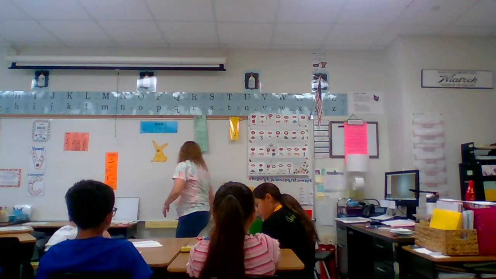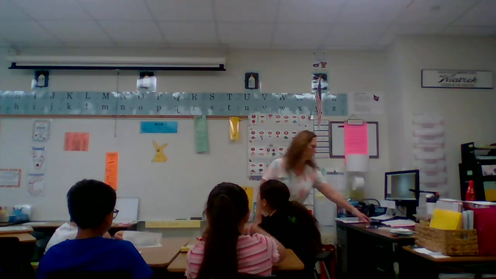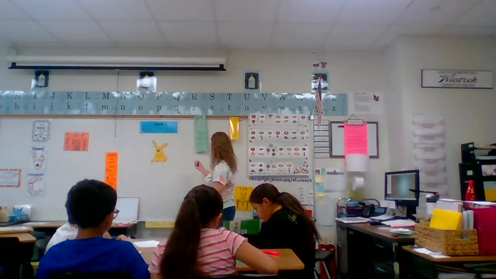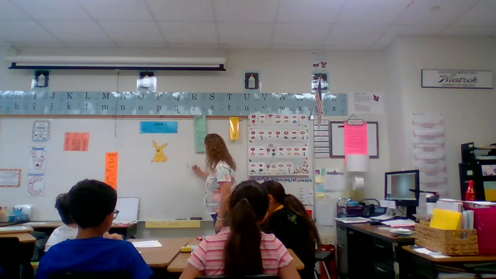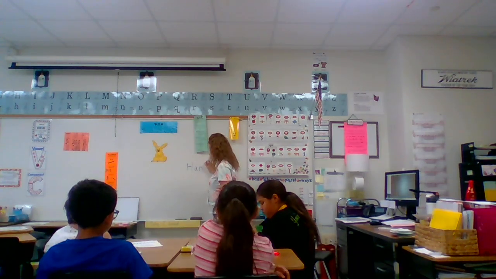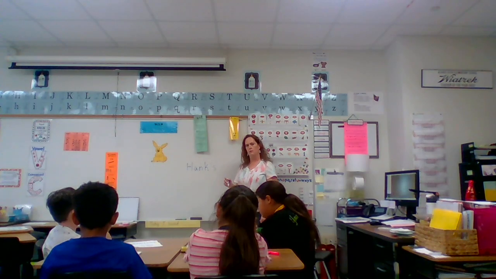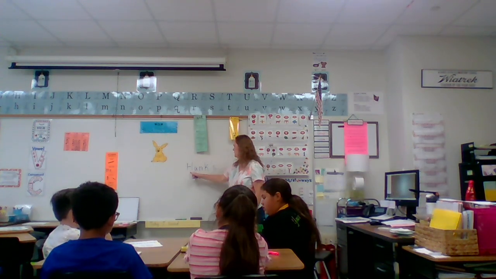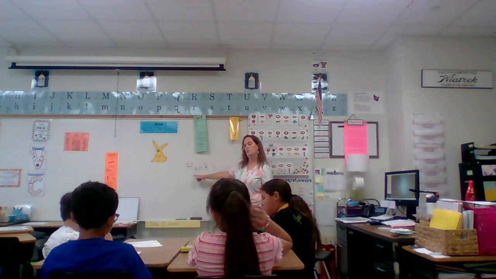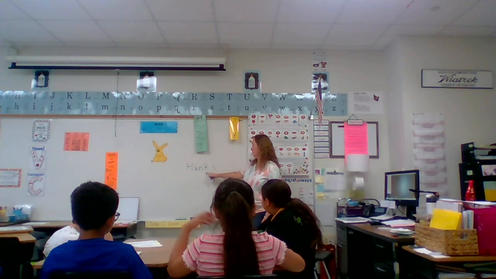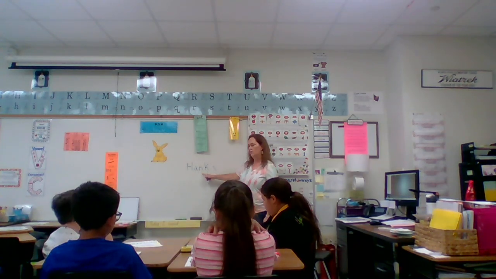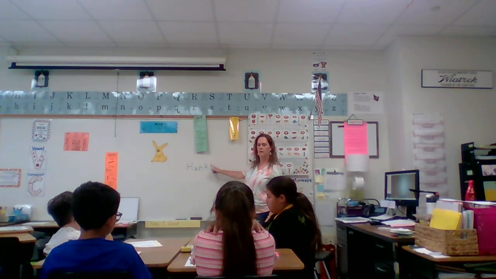All right. Look at this first word. What is this first word? I wanted us to go over this word. I know you know this word right here. What is this word? But what does this apostrophe mean?